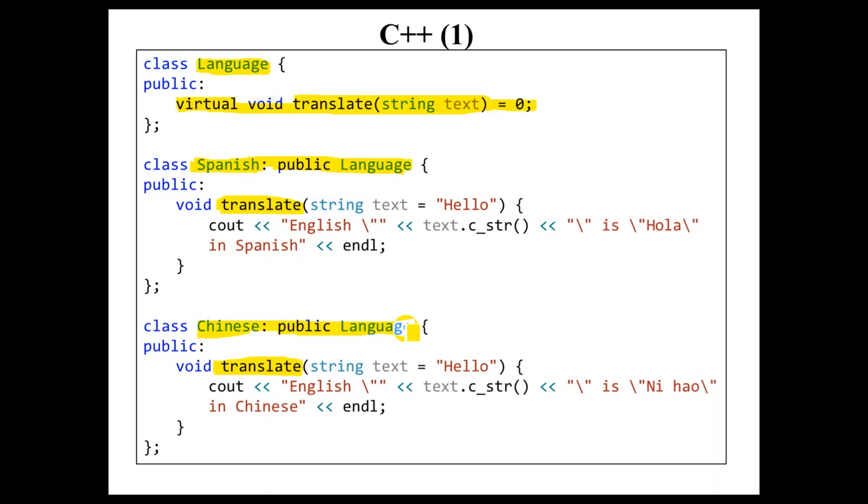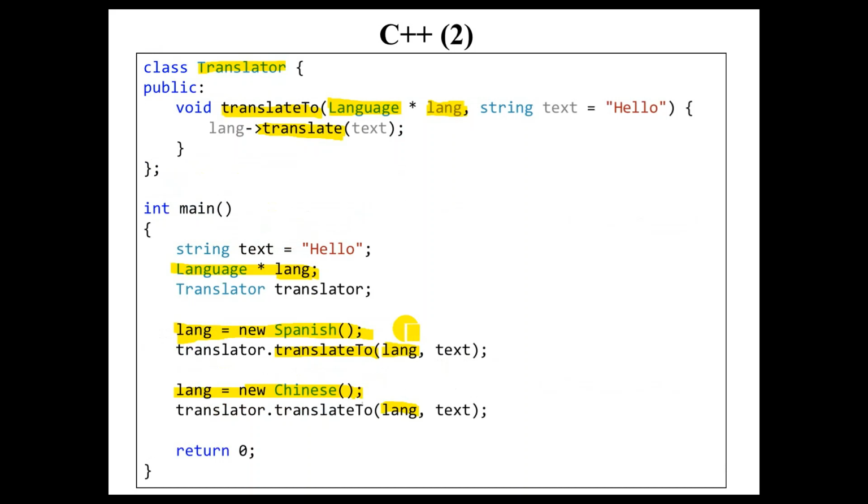Now we can look at the implementation of the translator class and the main method. Here you see it is similar to the Java implementation. This is the call and we are passing the pointer to the Spanish object and the pointer to the Chinese object here. I should cross this one out because I have marked a lot.